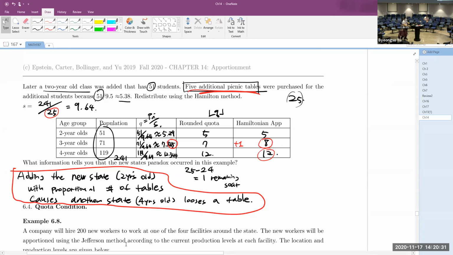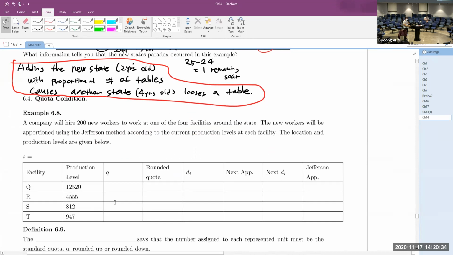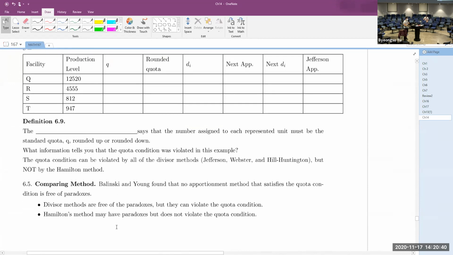Okay, the next example is about the quota condition. This quota condition says that the number assigned to each represented unit must be the standard quota Q, rounded up or rounded down.